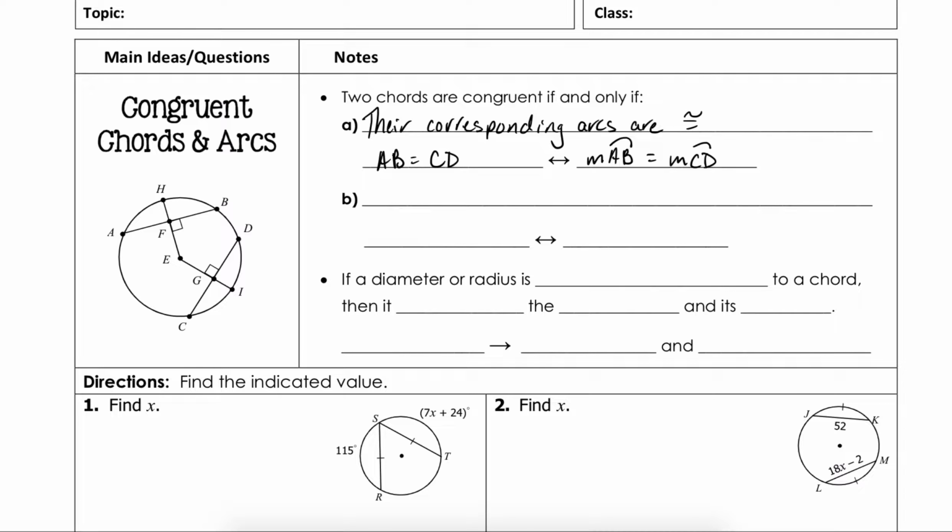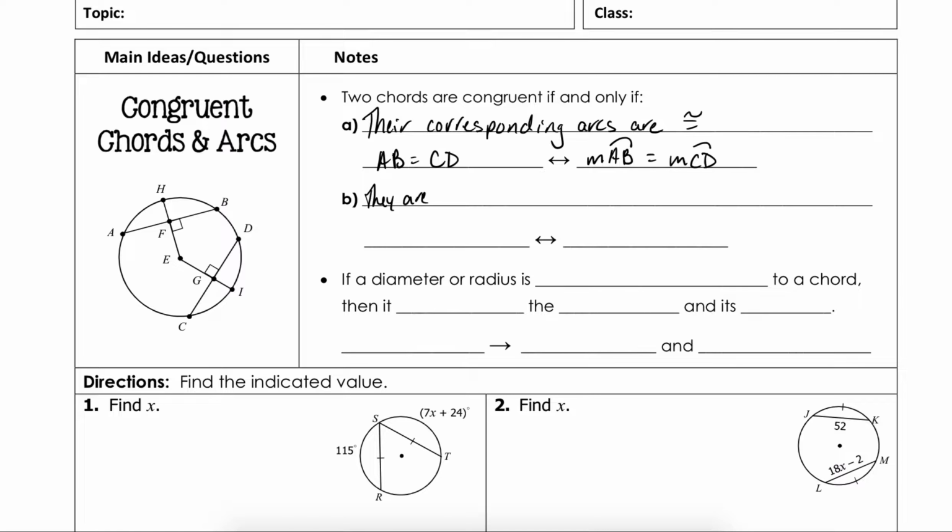Okay, so let's look at that in the picture. So they're saying that AB and CD are congruent if this arc is equal. Well, that makes sense, right? Like if the portion of the circle is equal to this portion of the circle, then those segments have to be congruent.